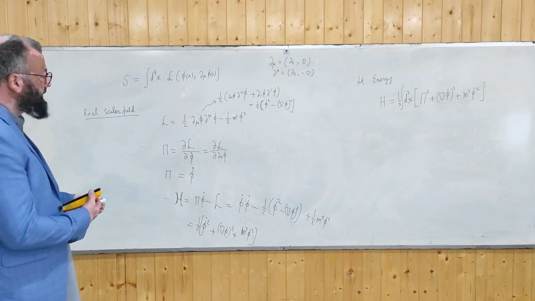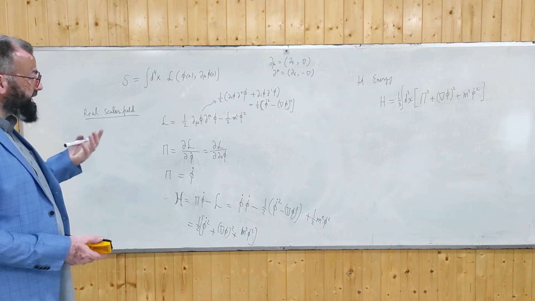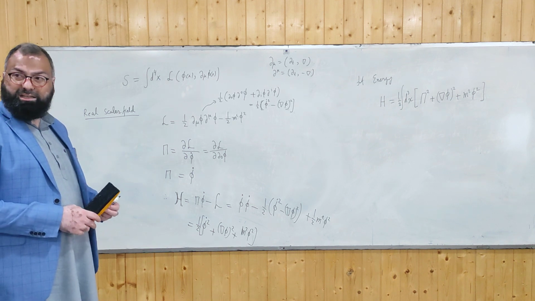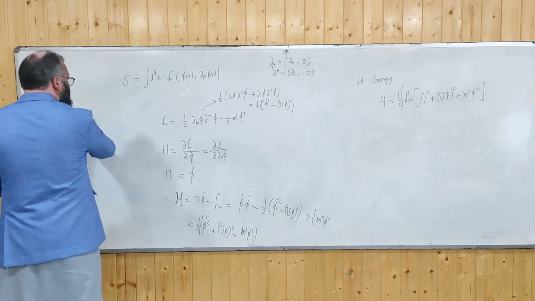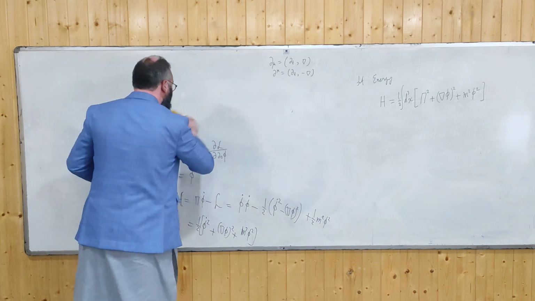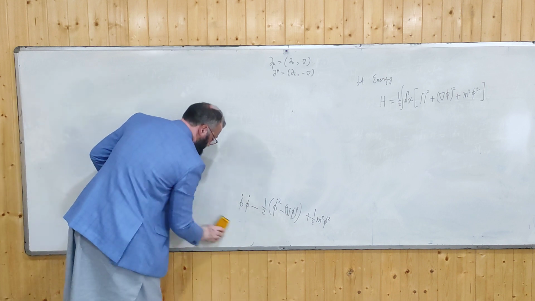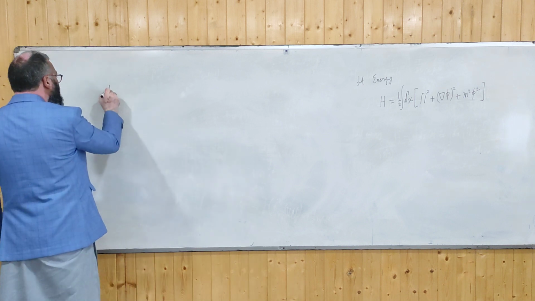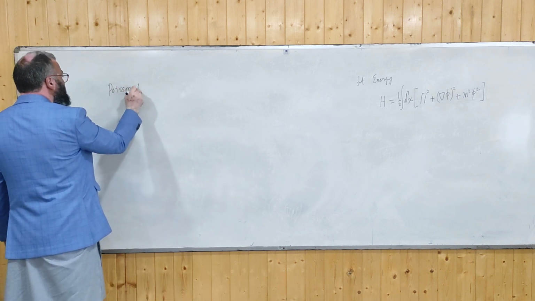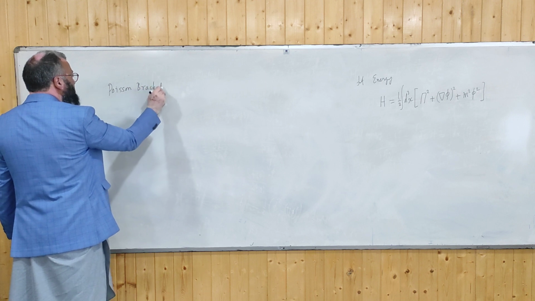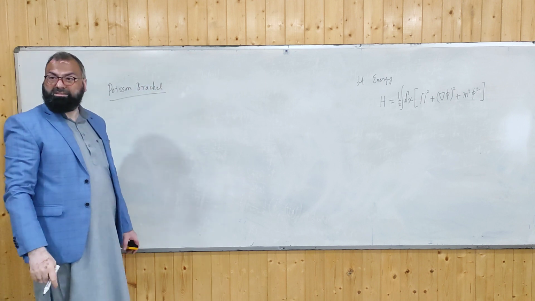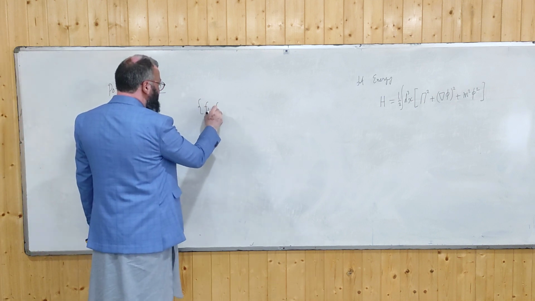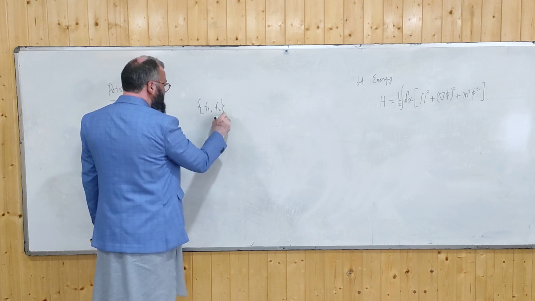So now, if I have defined the Hamiltonian, I should be able to define the Poisson bracket. Clear? Let's define the Poisson bracket for f1 and f2, some two functions of these variables.